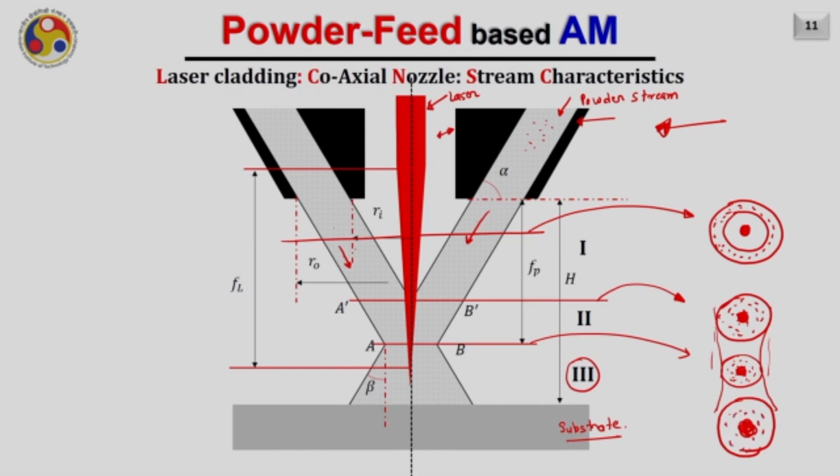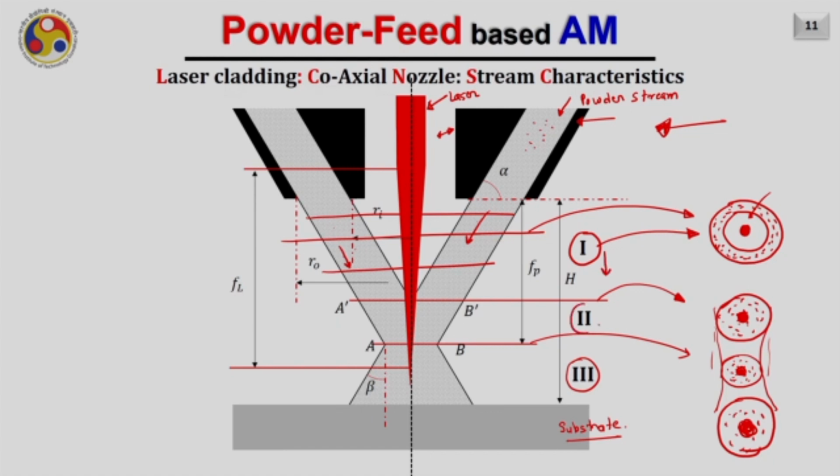So, let us classify this powder stream into 3 zones. First is zone 1. In zone 1, the powder stream has an annular cross section, as you are seeing here, like a donut. So, here the powder particles are in the periphery, but not at the center. Anywhere you take the cross section, it will remain the same. This empty space will keep on reducing as you go down in zone 1.